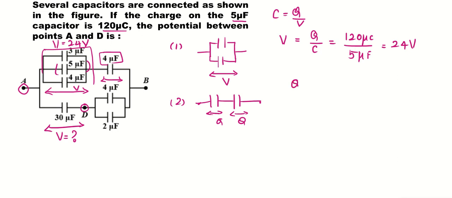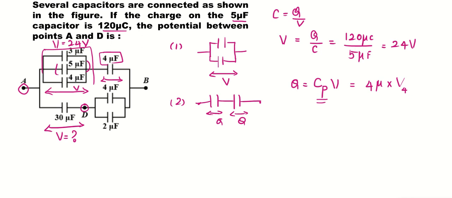Q equals the combination capacitance of the parallel capacitors multiplied by the voltage across them, which should be equal to the 4 microfarad capacitor times the voltage across the 4 microfarad capacitor. So what is the Cp here?